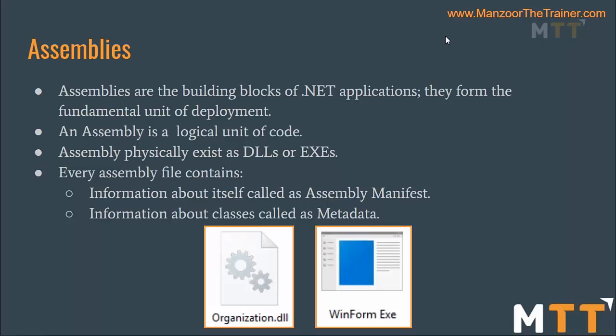If you give this answer and keep quiet, then they'll definitely ask what is the difference between DLL and exe. Then you can say, DLL is a reusable unit of code, whereas exe is executable code. We normally use DLLs in our exes.